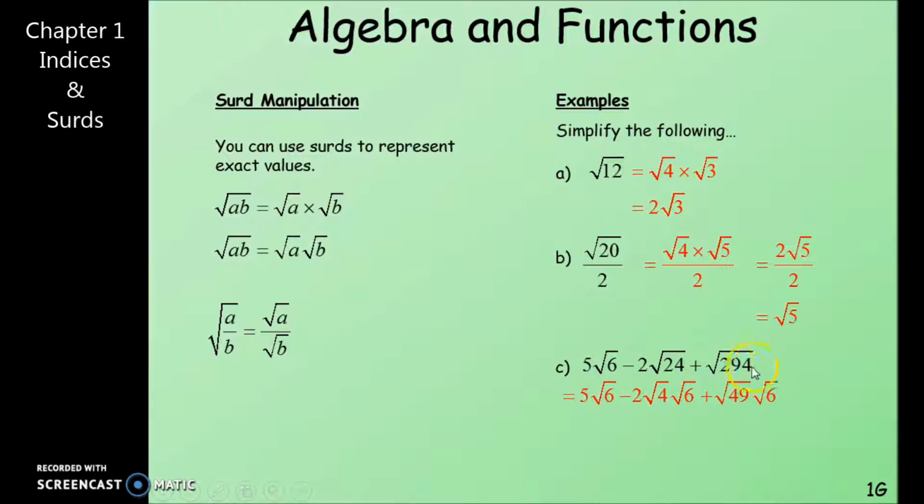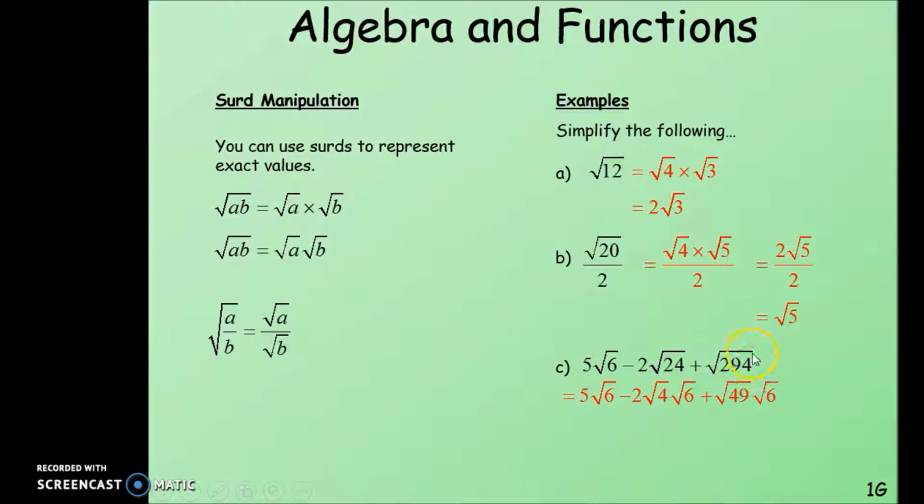And the last term is, we try to look for the largest square number that goes into 294. Now, if you're unsure, a clue would be to think of a number maybe close to 294, which is 300. And we're trying to get root 6's, aren't we? So what goes 6 times what would make 300? That's 50.